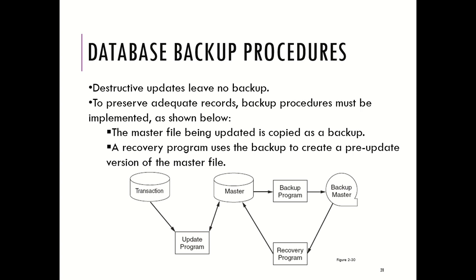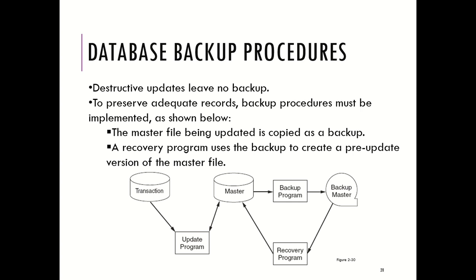So, we have a master file being updated and copied as backup. Generally, in a computerized environment, our main storage is the master file. So our main storage, which is the master file, should be updated and copied to backup. It is like making another master file, but it is the backup, and it is not real time.